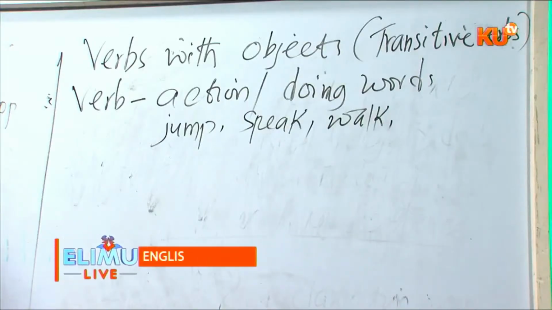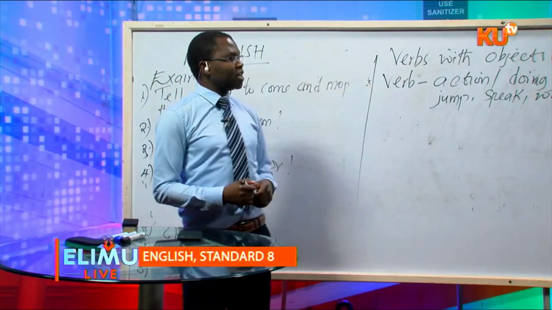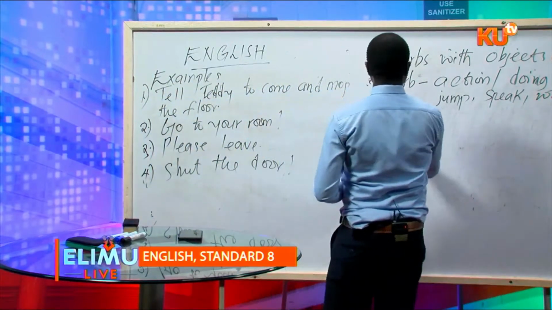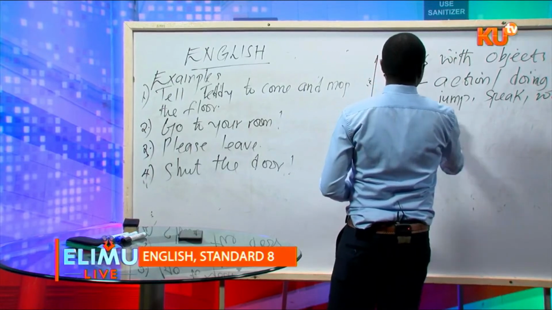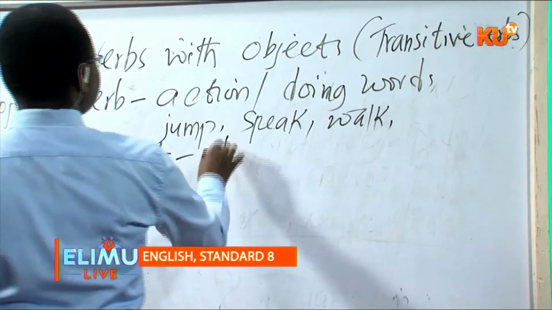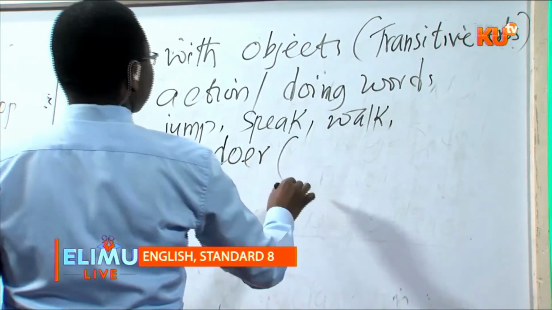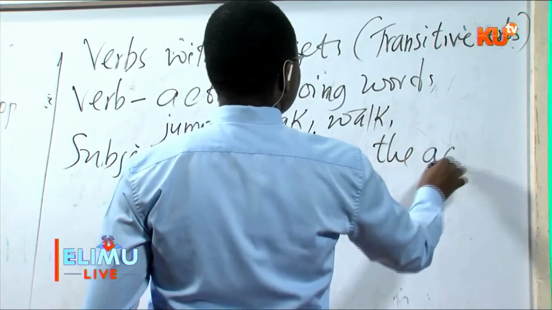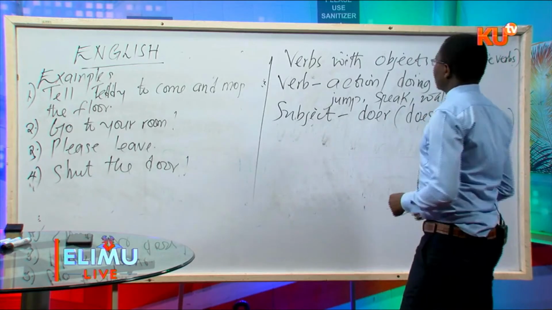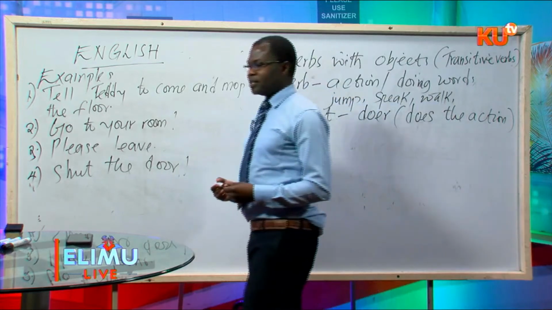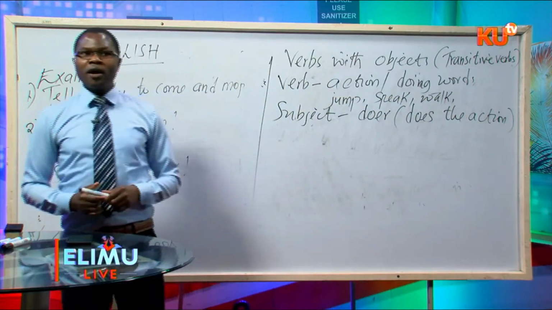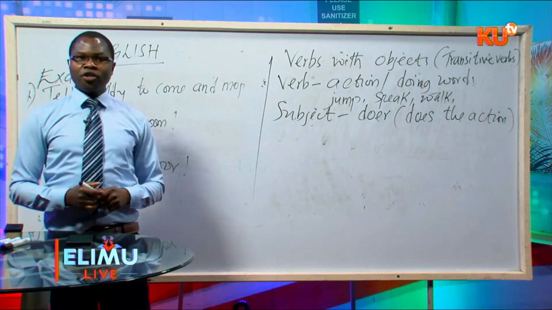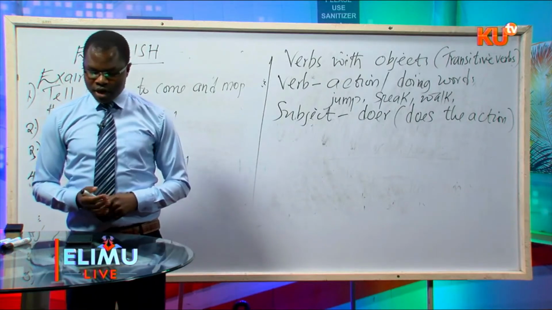So the subject of a sentence does something. Whenever we look at verbs with objects, we normally have what we call a subject. The subject in a sentence is the doer, in other words, does the action, the one executing the action.